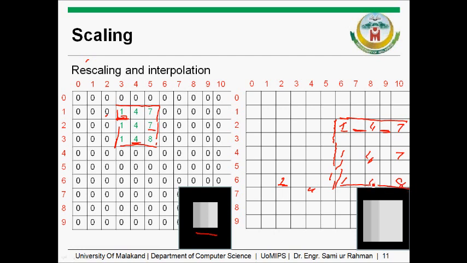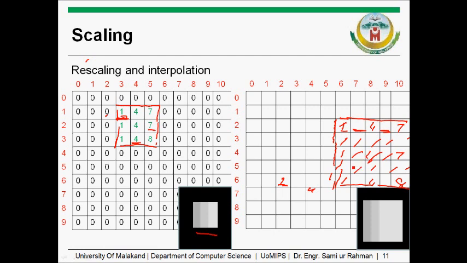The image size is the same, but I have increased the size of the smaller object inside this image. But my point is, here I have these pixel values, and these are the pixels having no values.